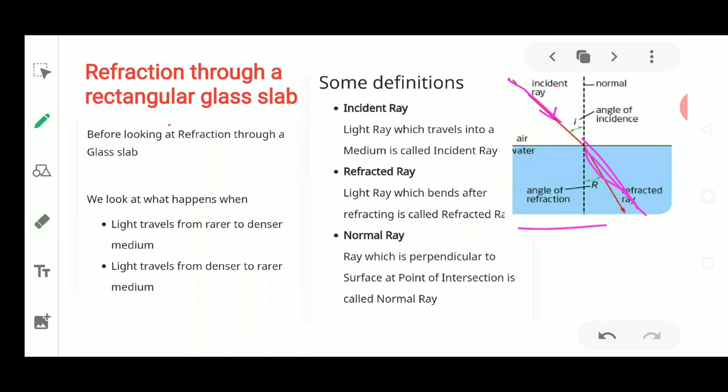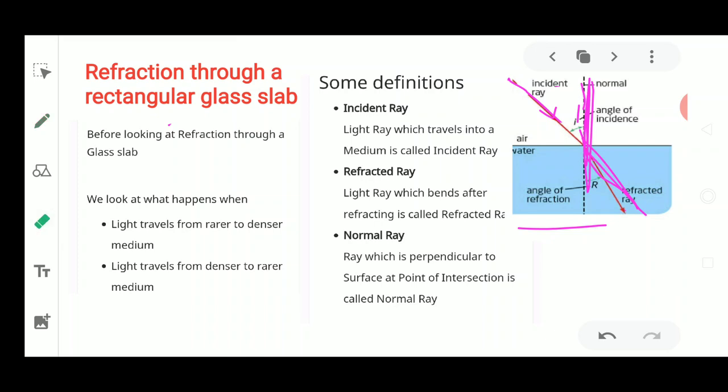Now the next thing is the normal, and the concept of the normal is the same as before. The ray which is perpendicular to the surface at the point of intersection is known as the normal. So this is again a ray which we construct. When the ray of light is incident and refracted, we draw it perpendicular to the surface where the refraction is taking place.